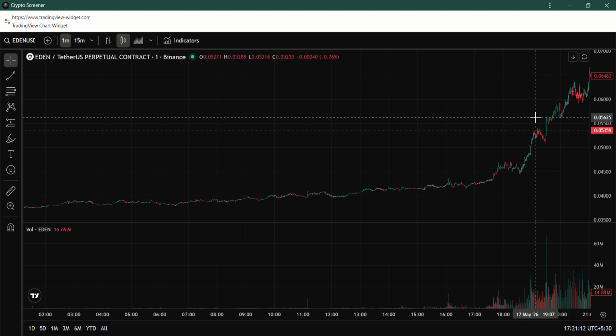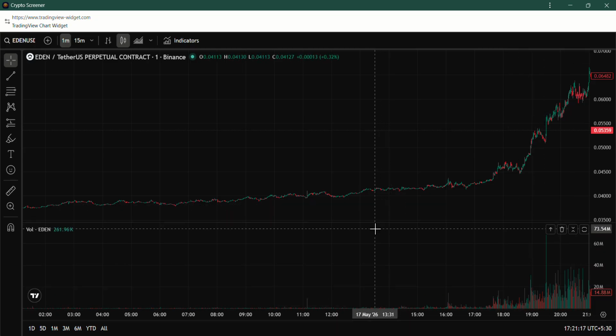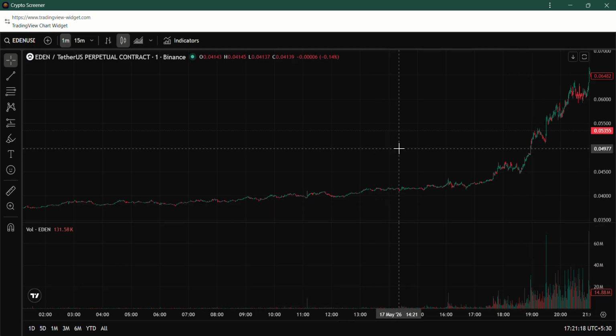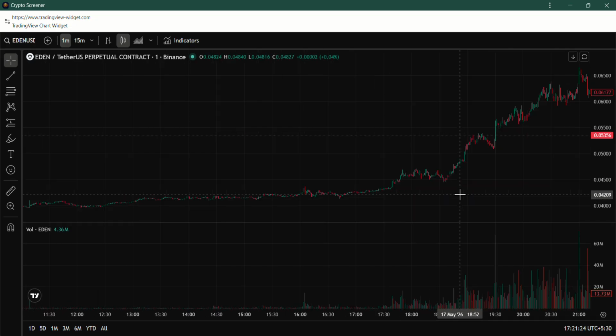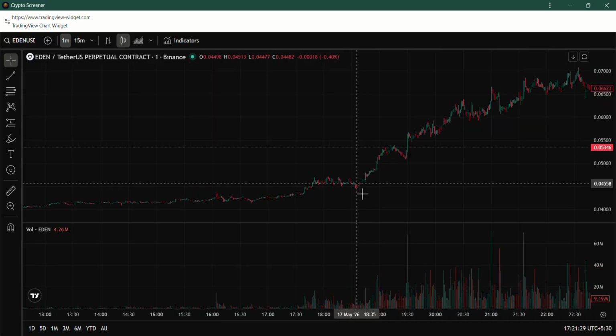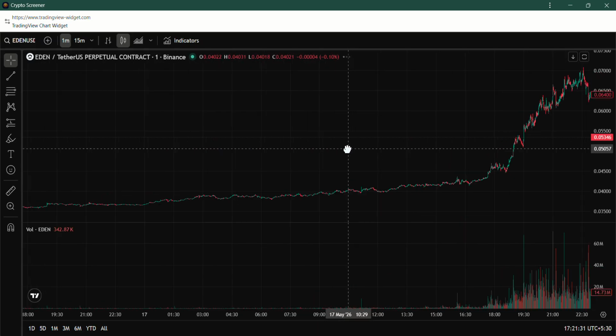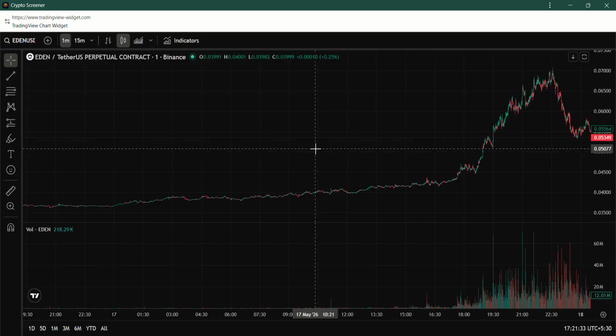When the third price movement is formed, you can enter. This method is very useful and simple, so you can also use it and make yourself a profitable trader.